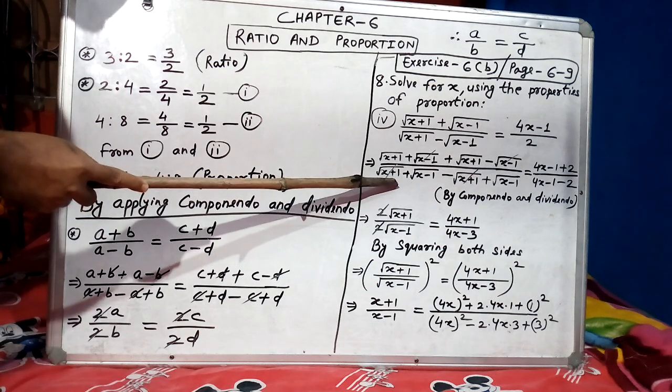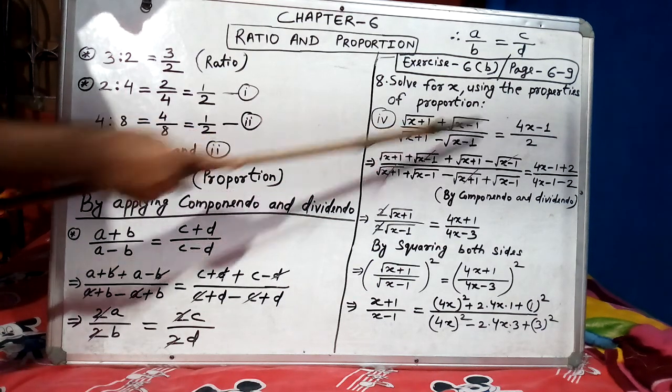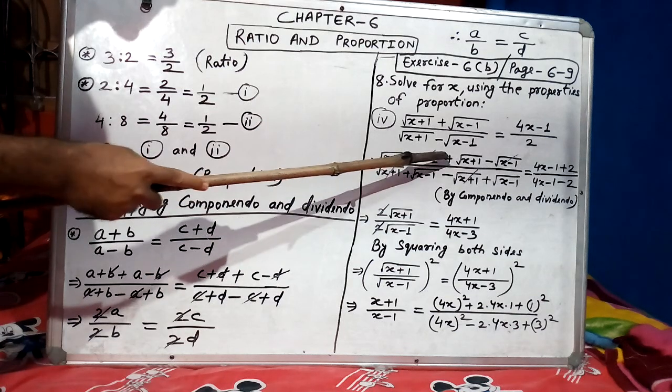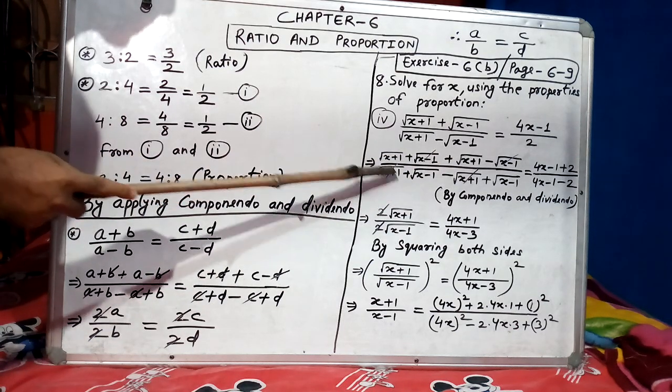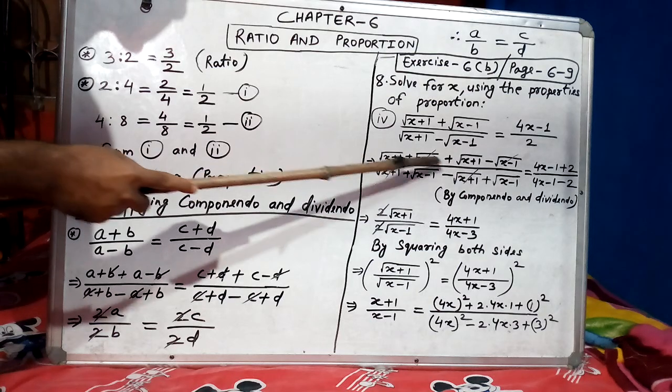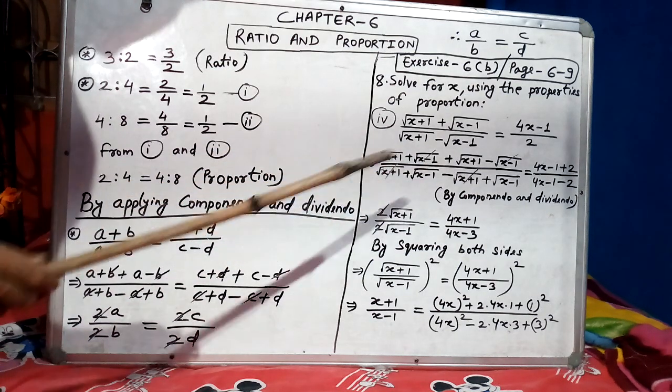So same thing, root over x plus 1 plus root over x minus 1, I wrote on the top and on the down part, both parts.